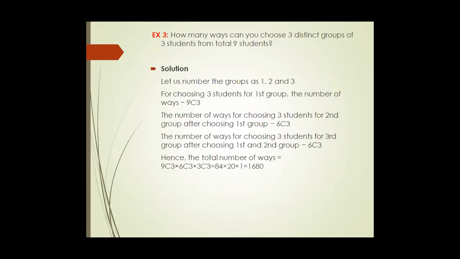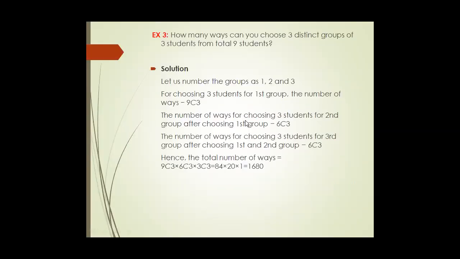You already know all the problems in combinations, and the next topic is permutations, but we are just recollecting. How many ways can you choose 3 students each for three groups?